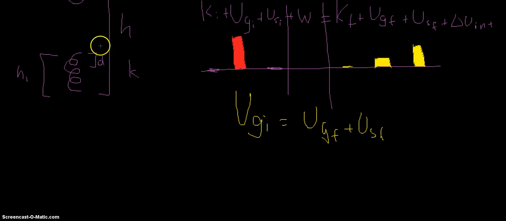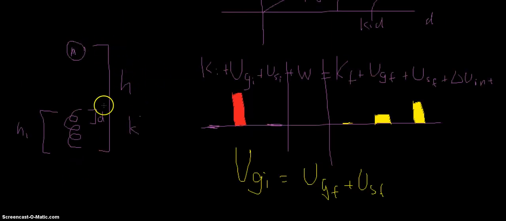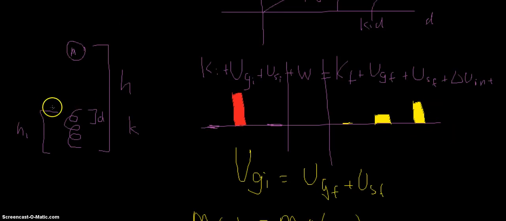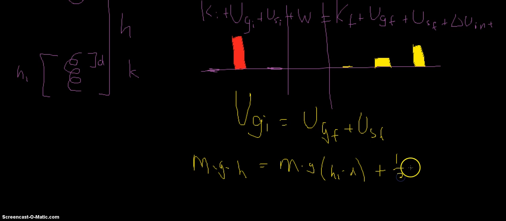The initial gravitational potential energy is just m times g times h, which is equal to m times g times the height here, which is actually h1 minus d, plus the spring potential energy, which is one half times d squared times k. Alright, now we have ourselves an equation.